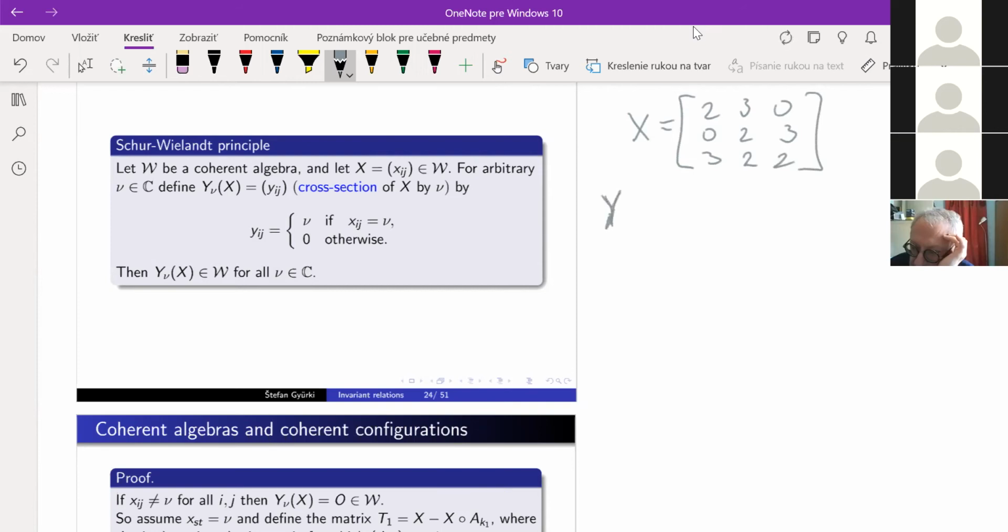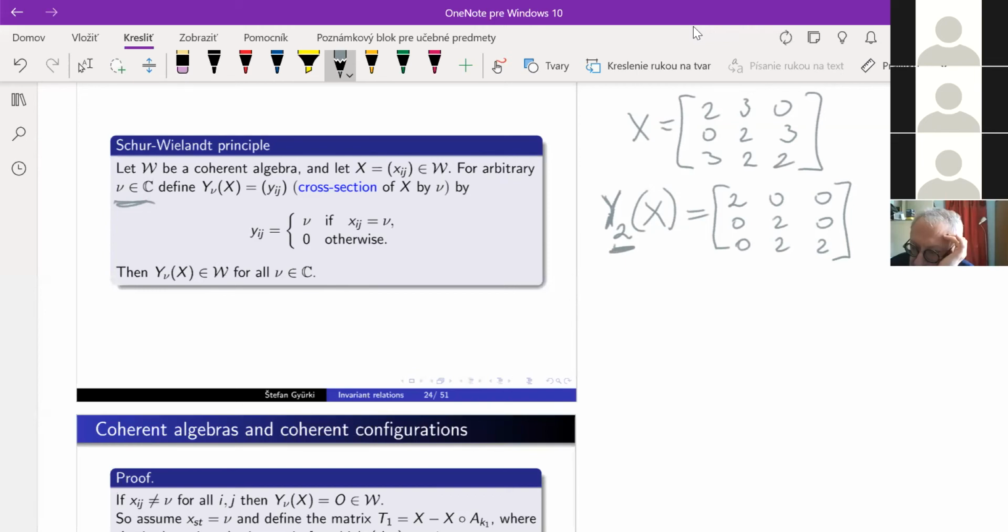This means that, for example, if you choose the number 2, then the cross-section of the matrix X by the value 2 is the matrix which you obtain in such a manner that you keep all the entries which are equal to the chosen value, and all others will be 0.